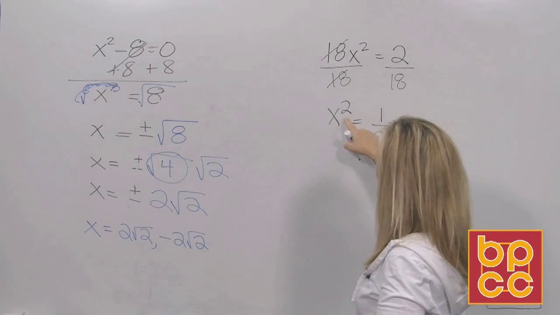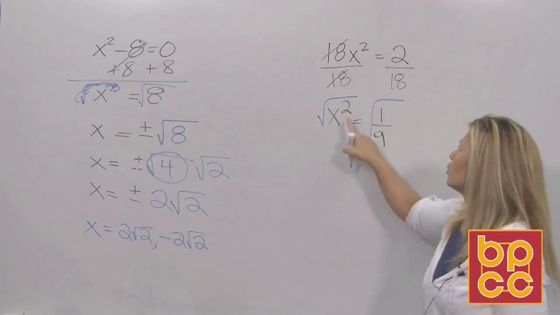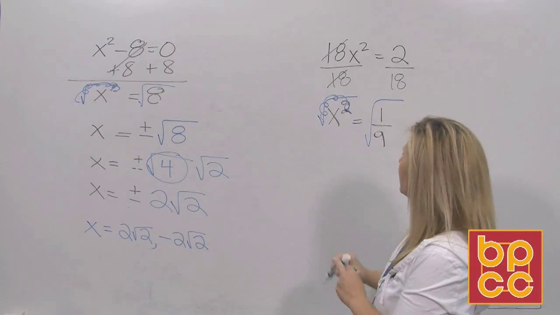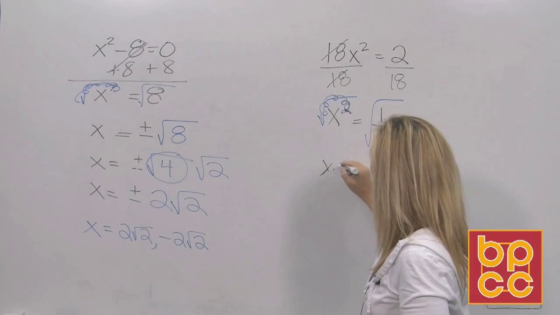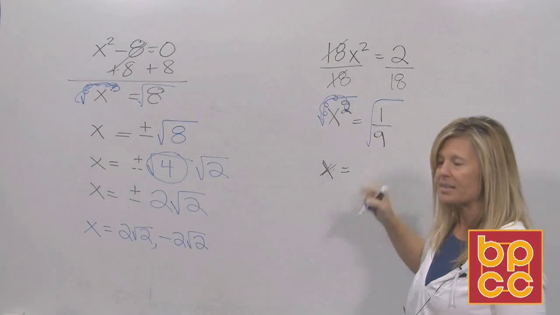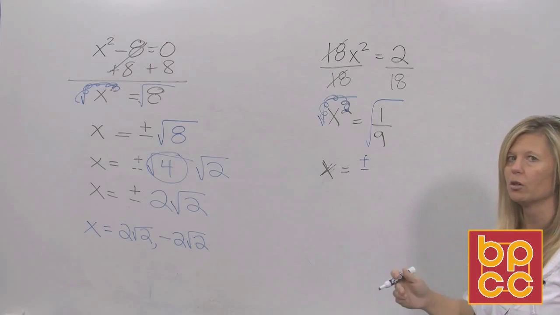Now we're going to do the opposite of squaring. We're going to square root both sides. Squares and square roots are opposites, so they cancel out. That's where we get the good old x equals. Automatically, we're going to put what symbol? A plus and a minus to say we're going to have two solutions.